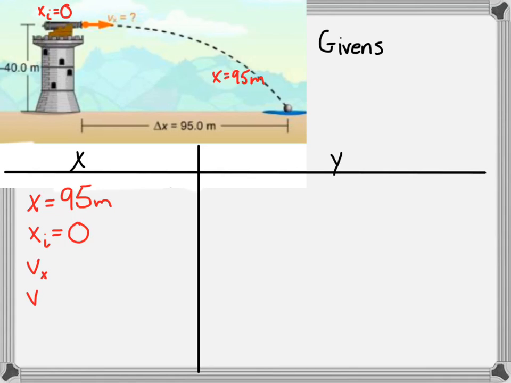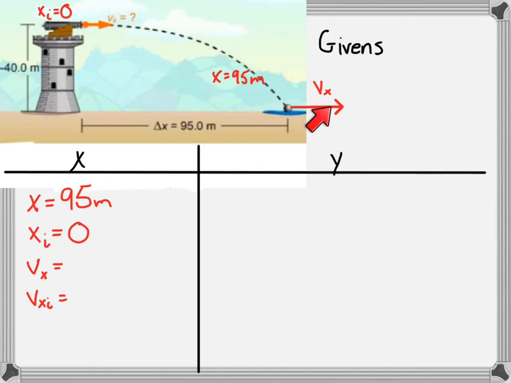The second set of variables we identified when we were dealing with one-dimensional motion was the initial velocity and the final velocity. Since we have x and y directions, I am going to call the final velocity Vx, and the initial velocity in the x direction is going to be Vxi. The final velocity Vx is going to be the velocity of the cannonball just before it hits the water.